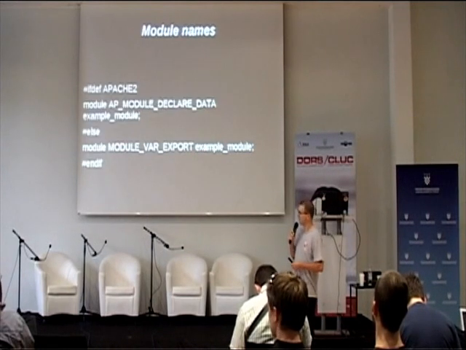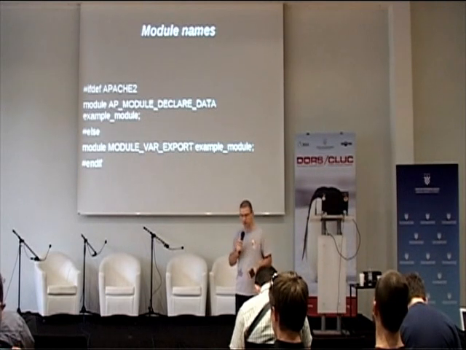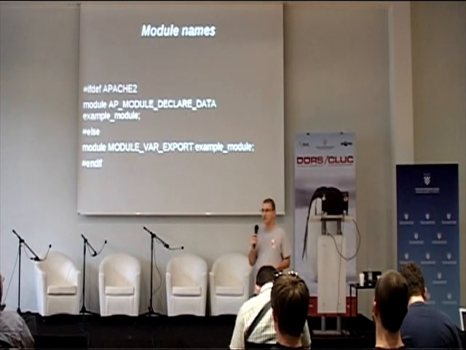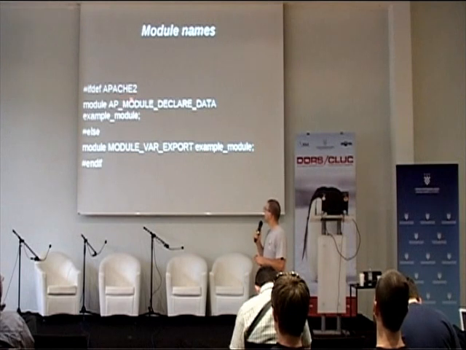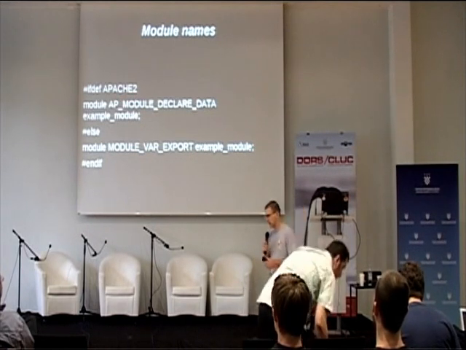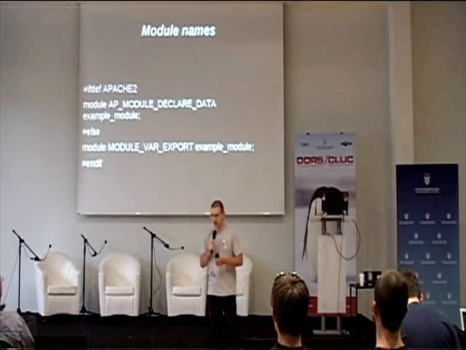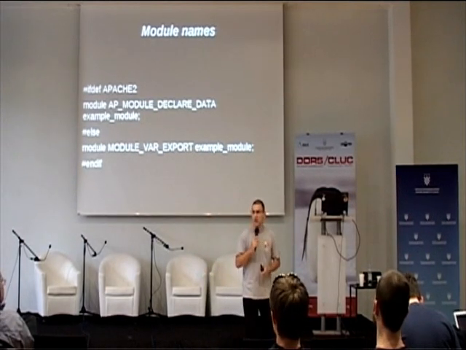Obviously, you have a lot of other headers. If you want to write a portable module, this is my way of writing portable modules between 1.3 and 2.0.2.2. I usually define Apache 2 as a define string, and then I use it for all the portable code that I have in my modules.